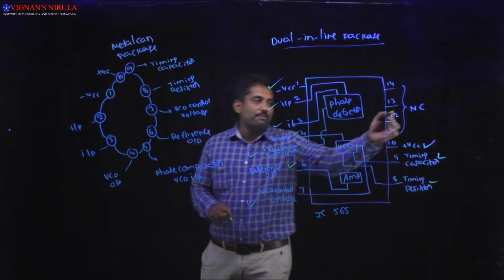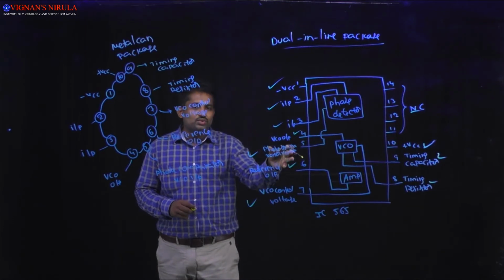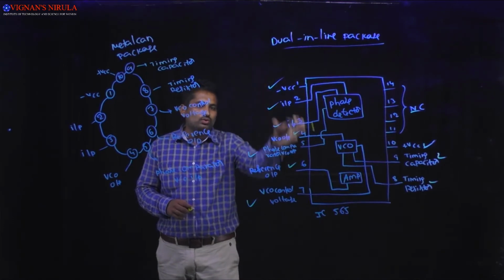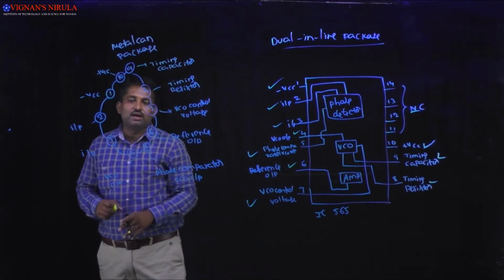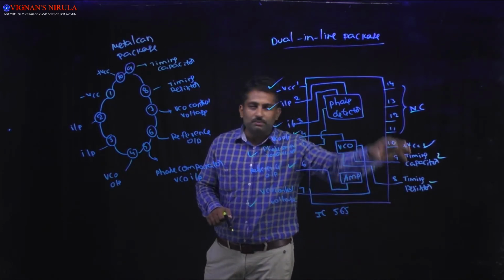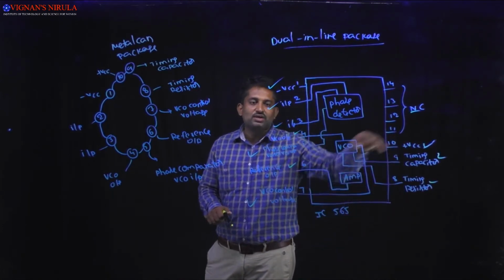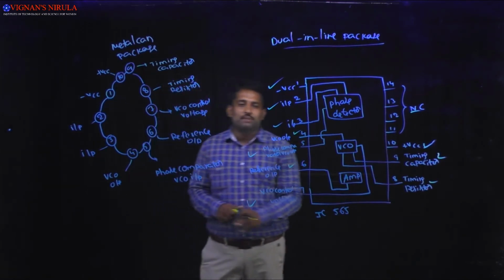That's why here I am representing no connection. While you are using it as a dual inline package, you have to use it like this. And now this one will be representing the metal can package, and these 10 pins which I explained for the dual inline package are all also available in the metal can package.